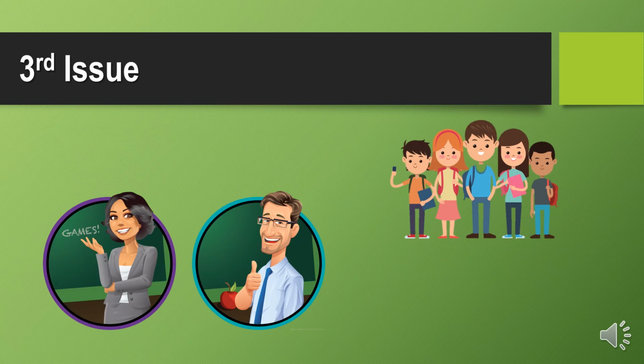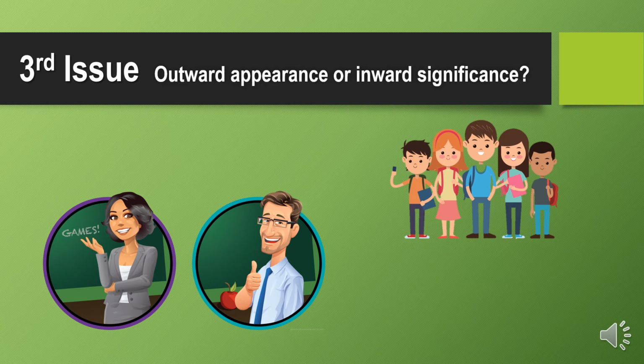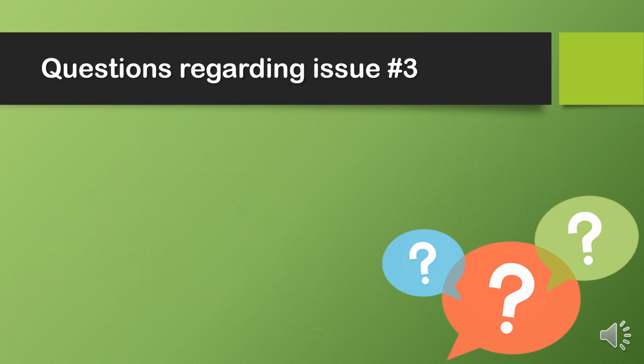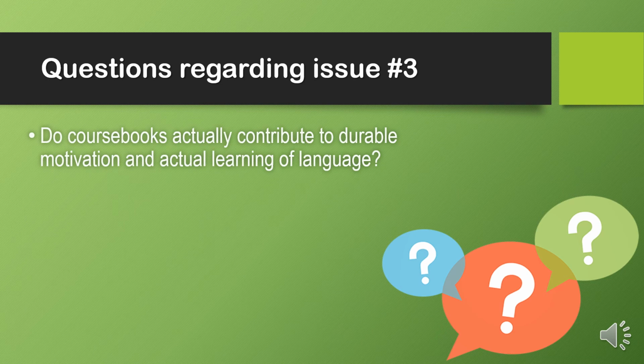The last issue that we will talk about is the outward appearance or inward significance. Teachers feel that their home-produced materials are inferior to professionally produced materials. Students feel that glossy global course books are more likely to help them become better in language learning. Now, here are the questions regarding issue number 3. Do course books actually contribute to durable motivation and actual learning of language?